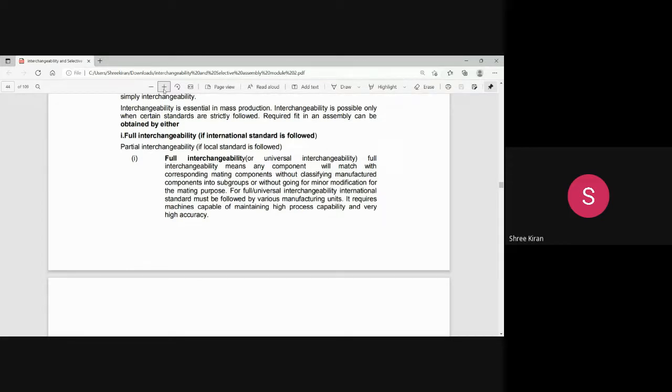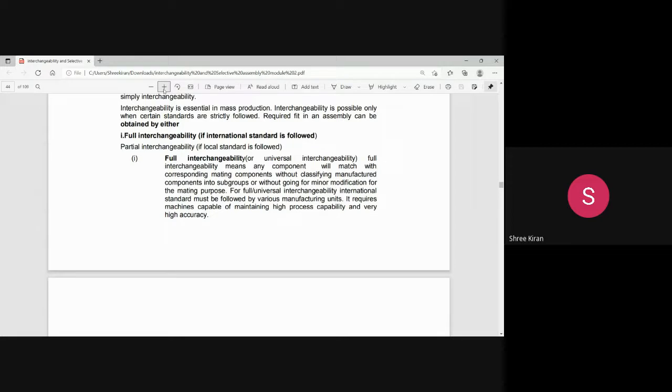Then, for full or universal interchangeability, international standards must be followed by various manufacturing units.